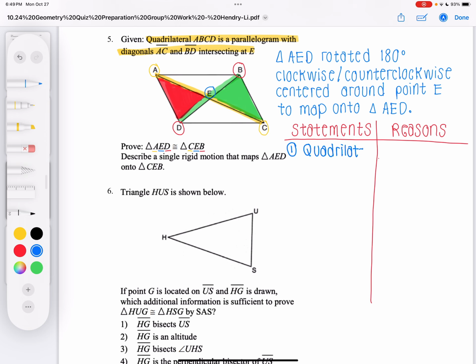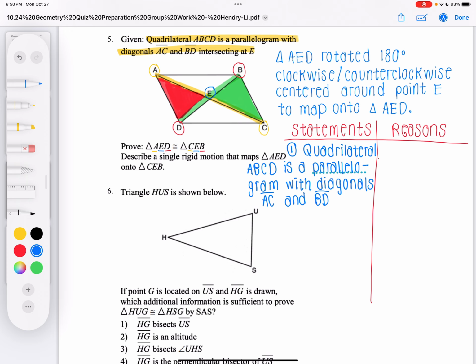Take a moment to pause this video so that you can also write the given, and then think about what you would write for the second statement. Given our first statement, why did they give us this statement is what you're going to ask yourself. So you want to begin to think about properties of a parallelogram, and specifically they mentioned something about the diagonals.